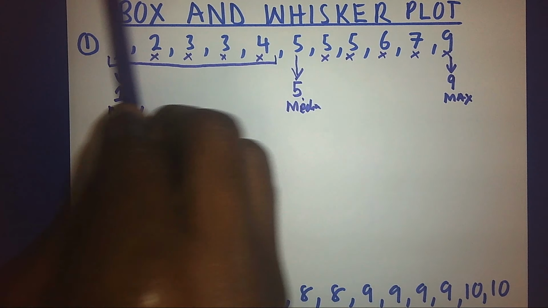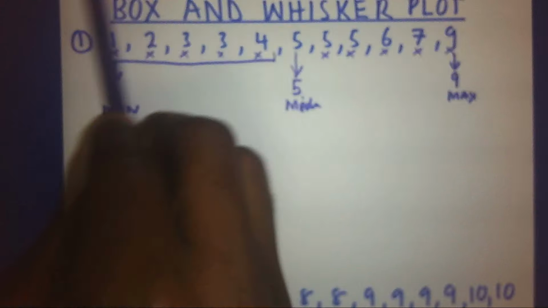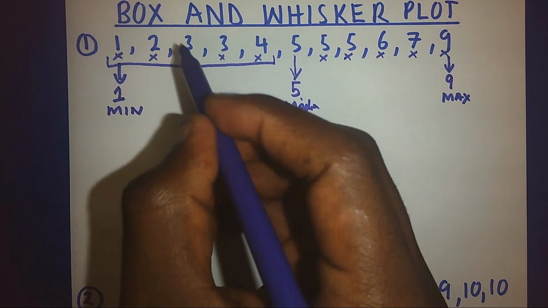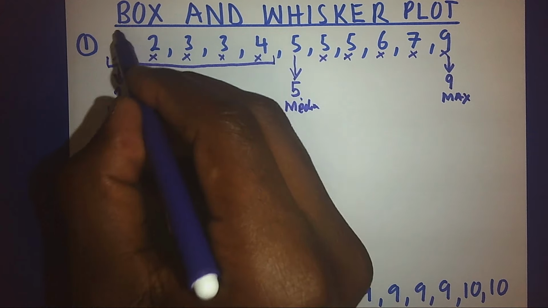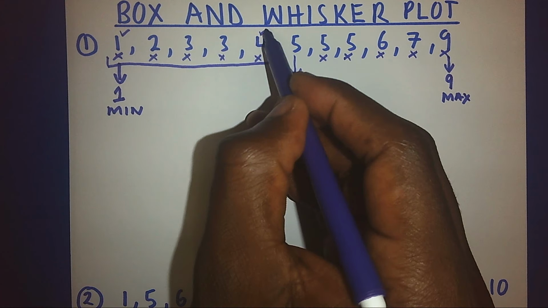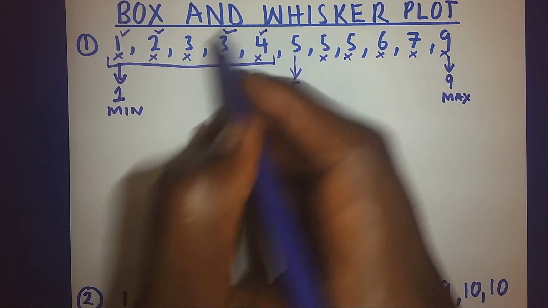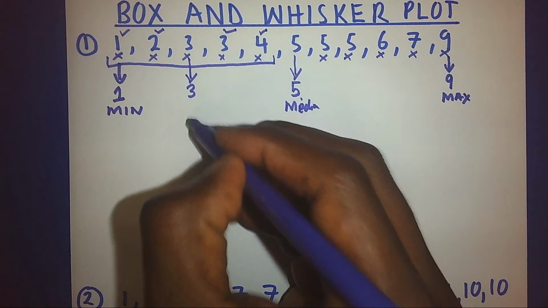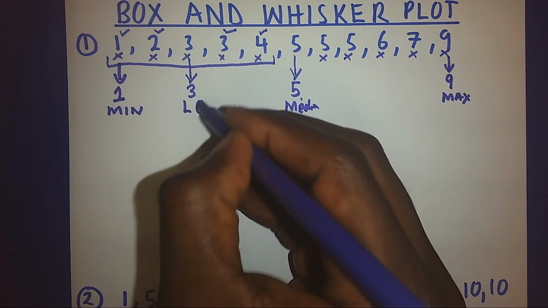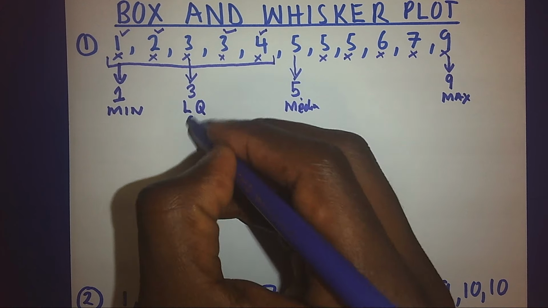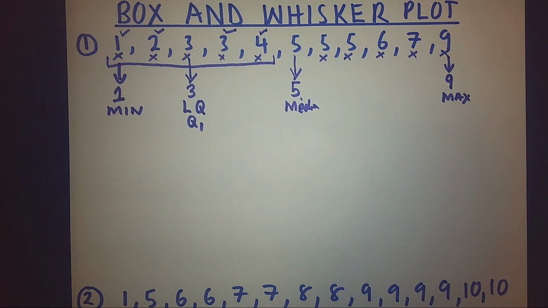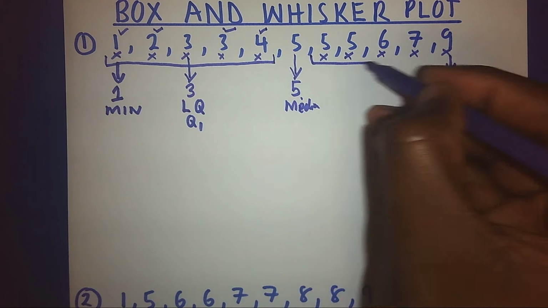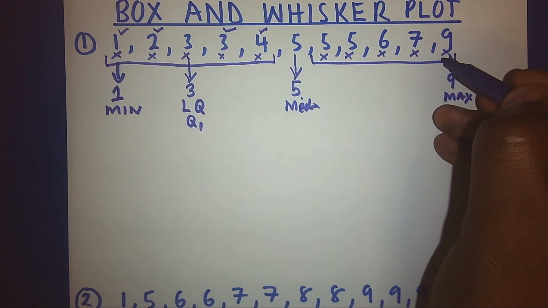So we need to get the median of the lower half so that it is our lower quartile. 1, 1, 2, 2, and hence 3 will become our lower quartile. We also call it Q1.